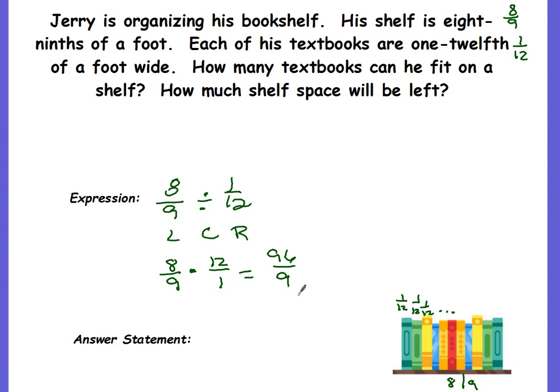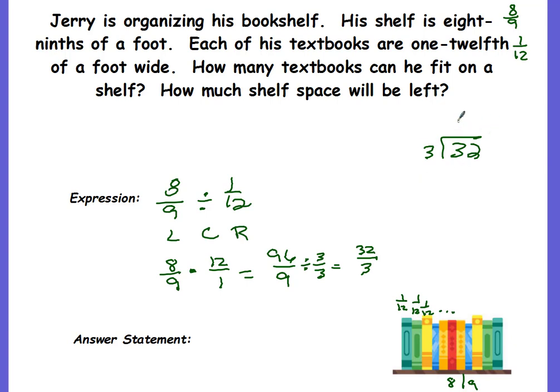All right, can we simplify this? We actually can. We can divide by 3. And we get 32/3. And that's as simplified as it will get. Let's change it to a mixed number, do our Tybo. How many groups of 3 are in 32?